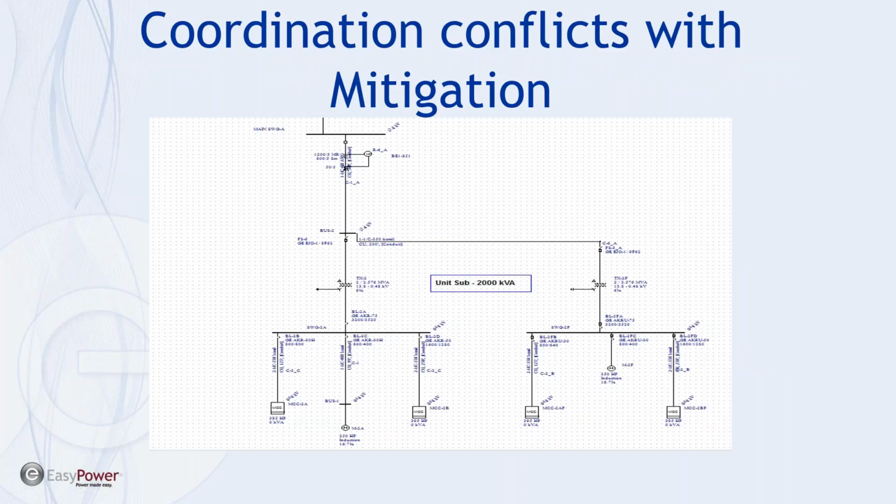And far and away, probably the area that gives me the most heartburn is the need to do coordination in a very large or complex system, because the coordination process itself conflicts with mitigation.